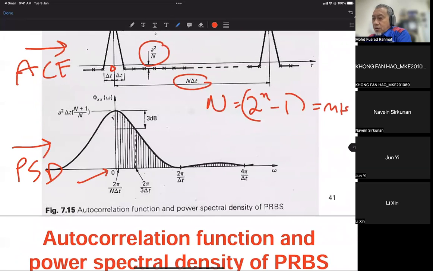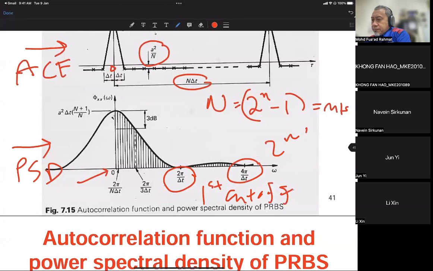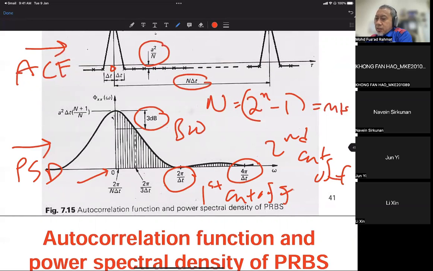And then the first cutoff of the PRBS signal is at 2 pi divided by delta t. This one is the second cutoff. And 3 dB is the bandwidth of the PRBS, which is equal to 2 pi divided by 3 delta t. Okay, so usually 3 dB is referred to as the bandwidth frequency.